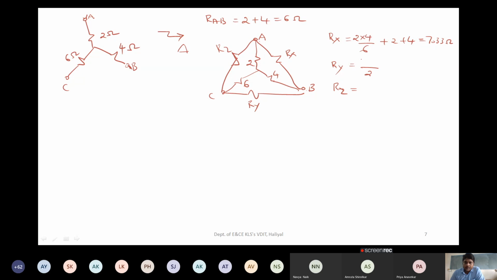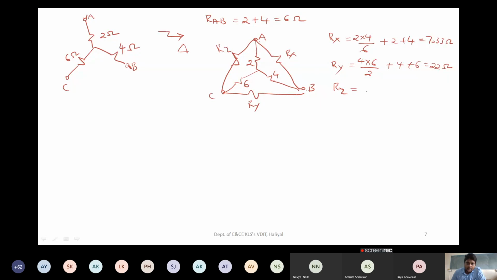Two resistors which are there, 4 into 6 plus 4 plus 6, that turns out to be 22 ohms. Okay, fine, good.